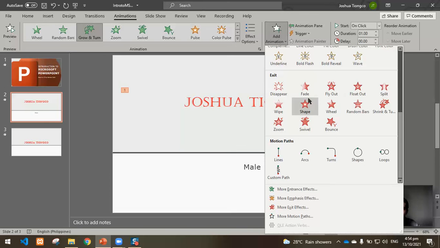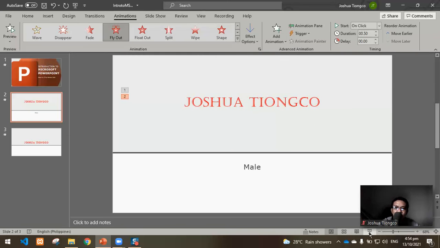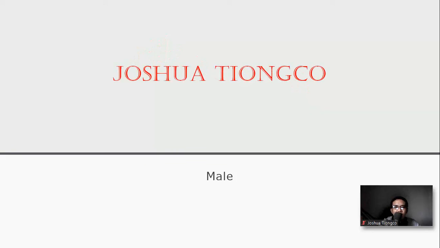So for example, I want my name to fly out. Okay, and then if I play this and click the next slide, that is the entrance animation and that is the exit animation.